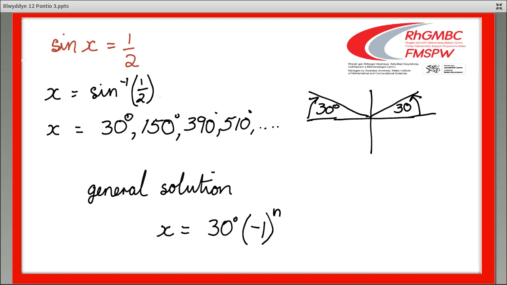When n is 0, minus 1 to the power of 0 is 1, so we get 30. Perfect. That's what I want. But when n is 1, we've got minus 1 to the power of 1, which is minus 1, multiplied by 30 gives me minus 30. But I need to add on 180 degrees. So I'm going to put there plus 180 degrees.